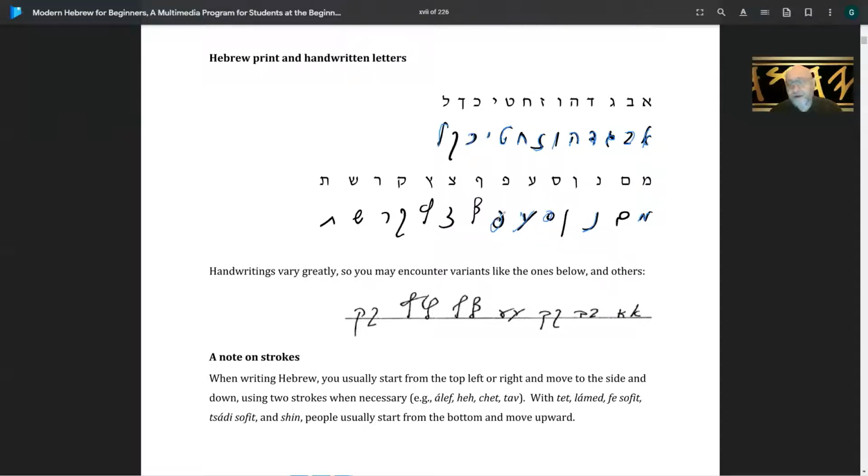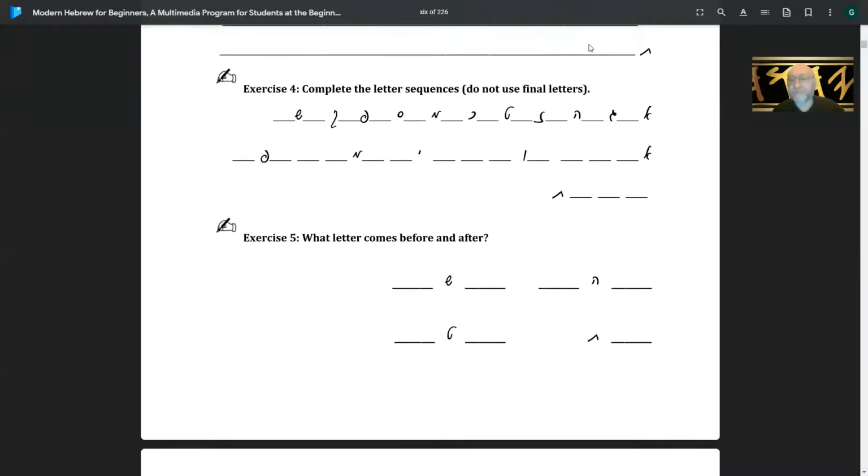Okay, that's the one we need. The next one, Fe, Zarich. Remember that? Zarich looked like a 3. This almost looks like a 6. Fe, Zarich. And here's a Kof. Kof. All right. Let's see if we can do it without the guide.